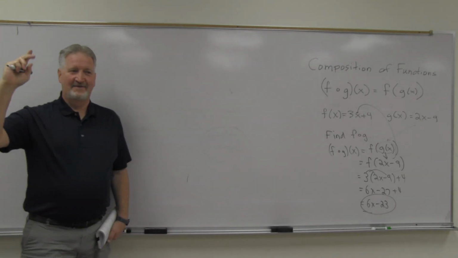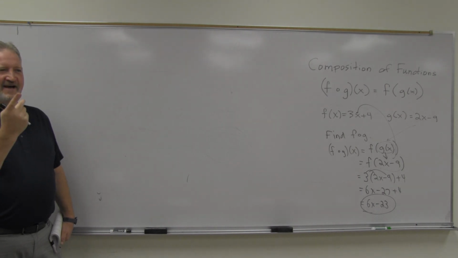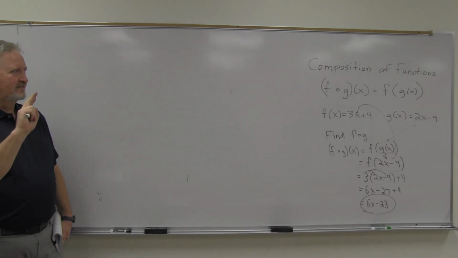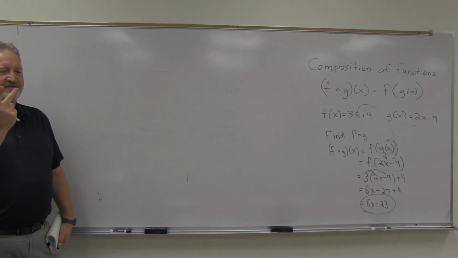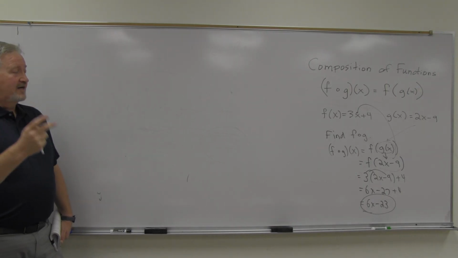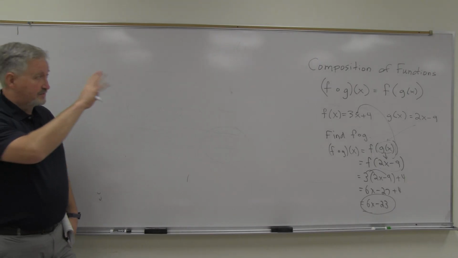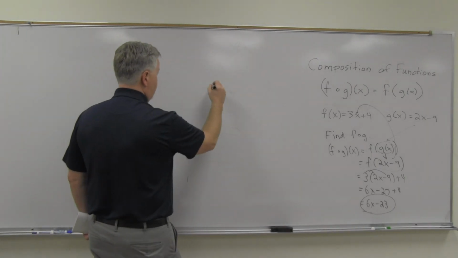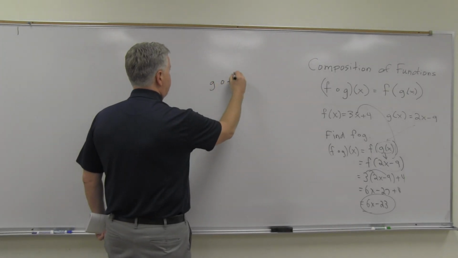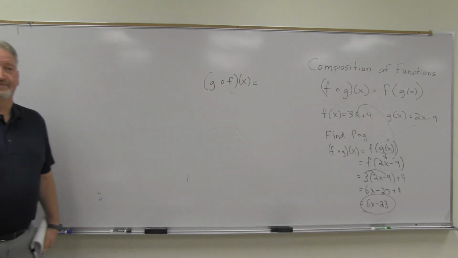Now, next point here. What if I reverse that? On adding and multiplying, I can reverse them, it won't make a bit of difference. But if I reverse f and g, do g minus f, that changes it. Well, same thing here. If I do g circle f, that changes it.